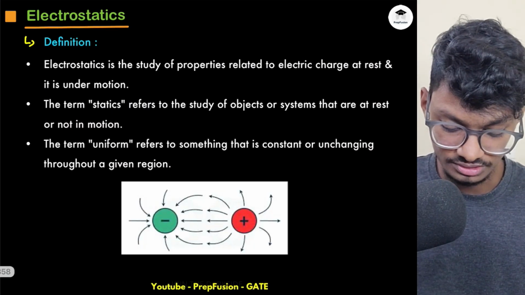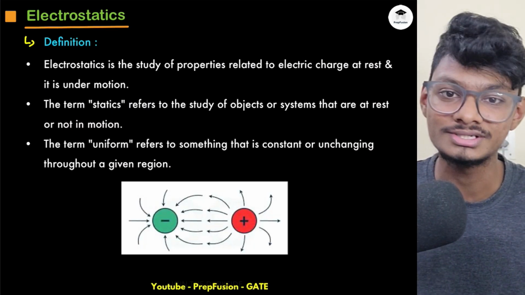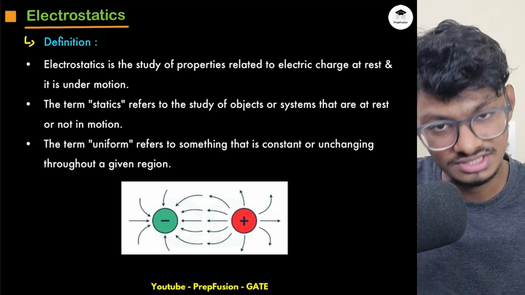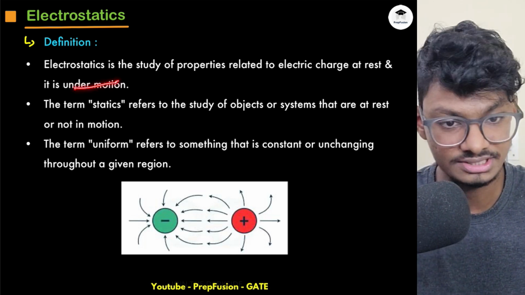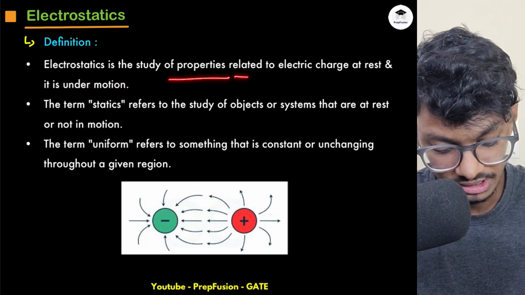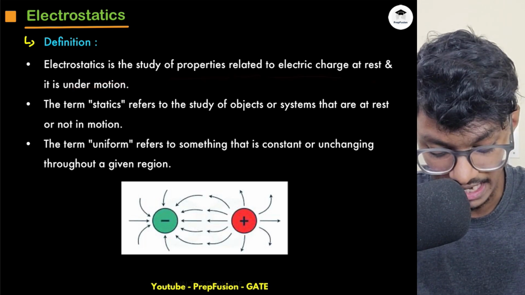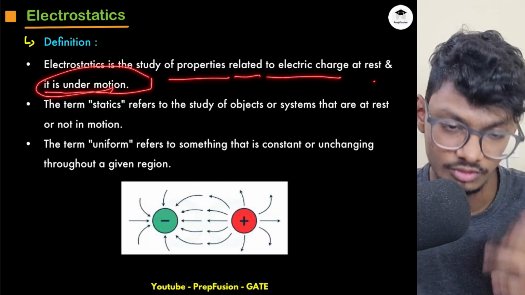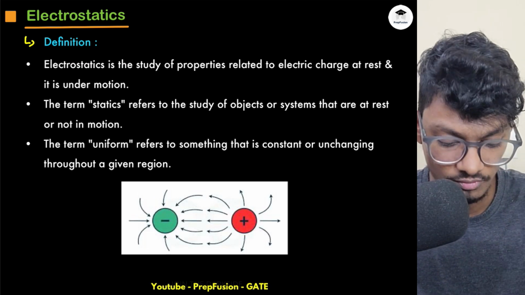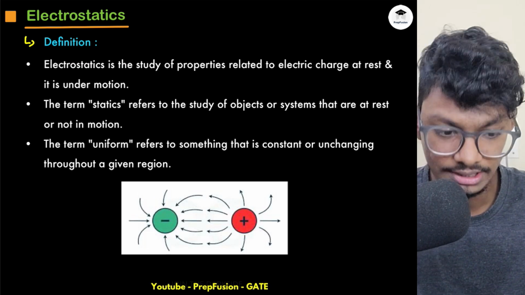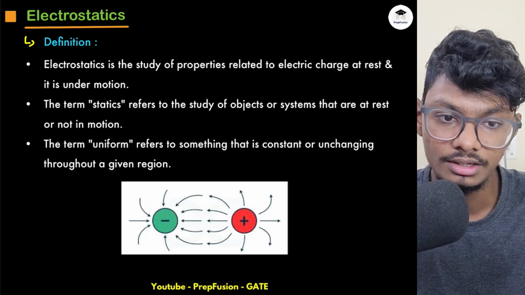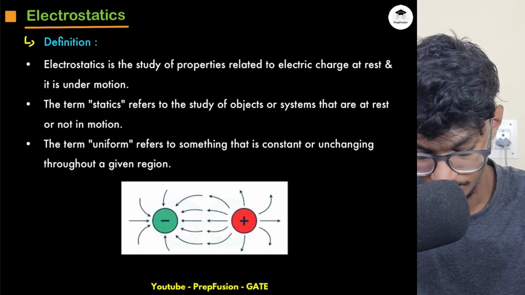Now let's start with electrostatics. Electrostatics is the study of charge, but charge at rest. So electrostatics is the study of properties related to electric charge at rest; we'll talk about charge in motion later. Basically, the electric charge should be independent of time.